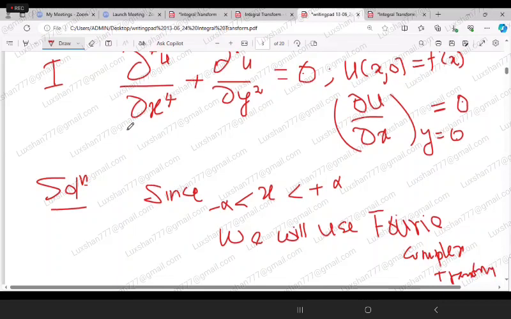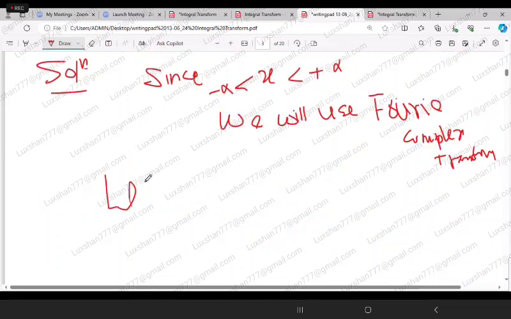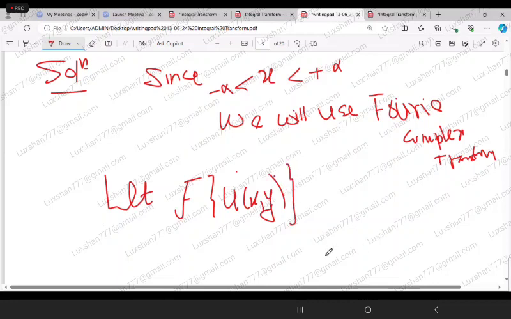So let the Fourier complex transform of the function u(x, y) be ū(ω, y). Initially, we have to write this, similar to what we did in the Laplace transform.